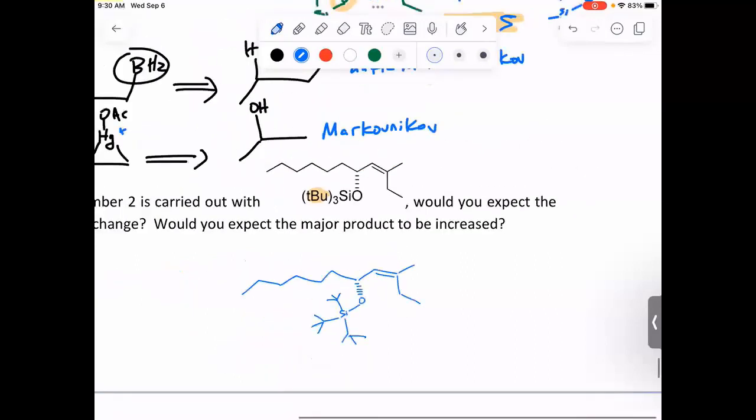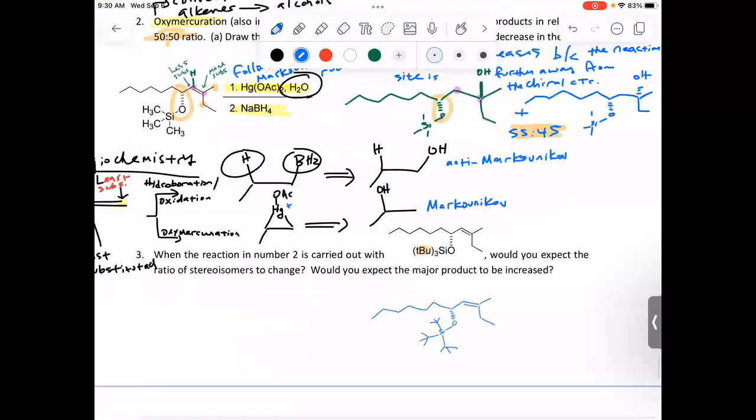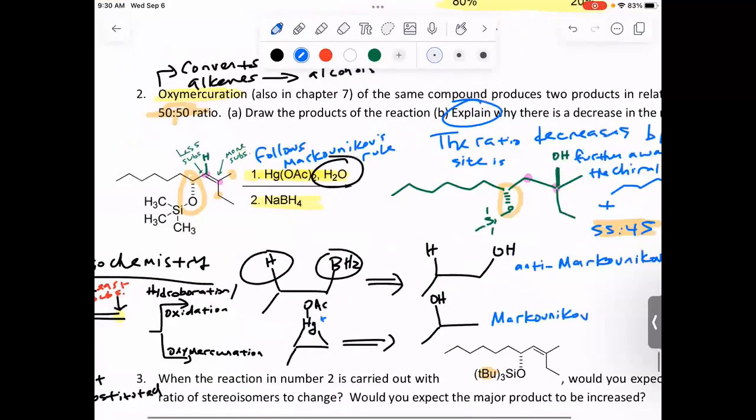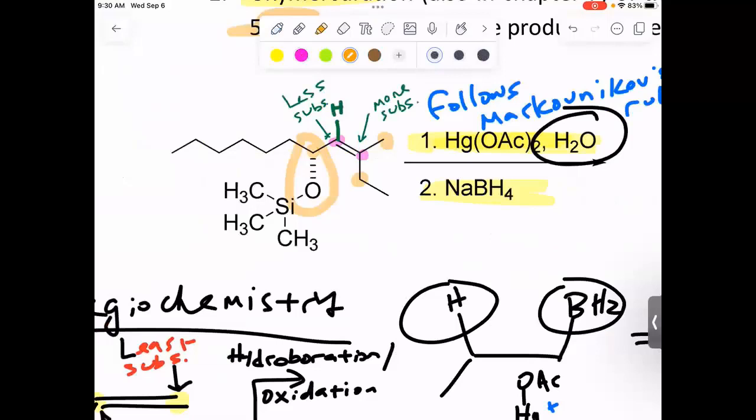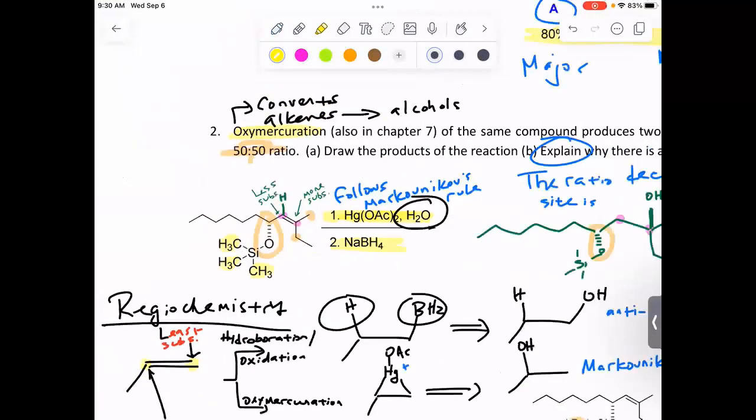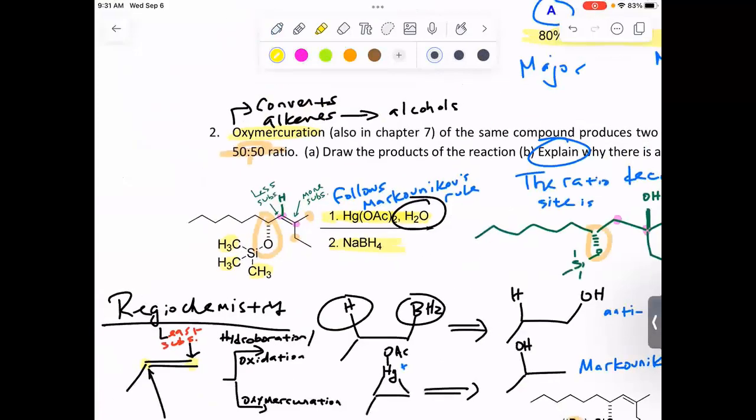What did I change compared to now? Let's go back to here. Notice these are all methyl groups, tiny relative to a hydrogen, but definitely not the same size as a tert-butyl.